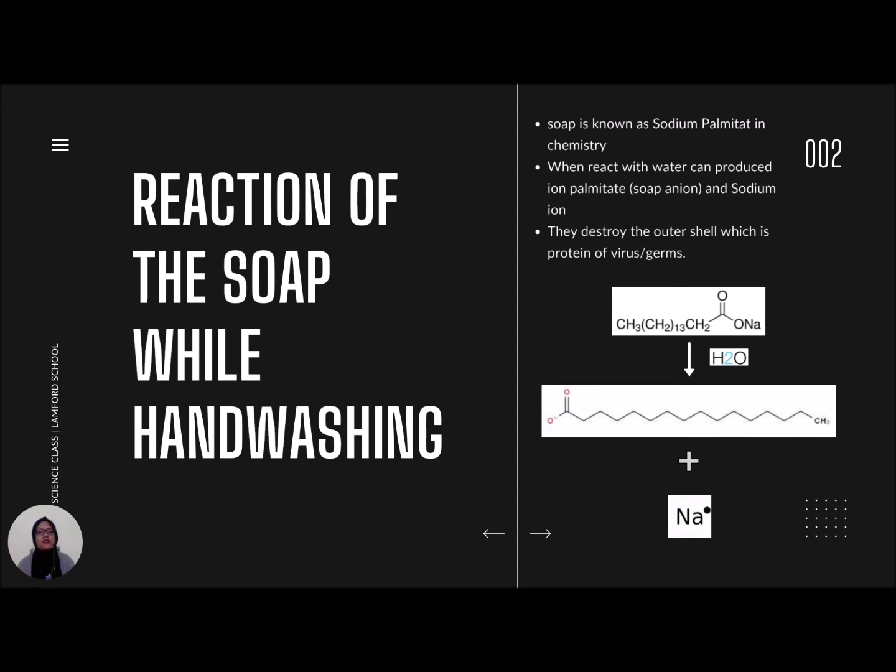The process is called saponification. Saponification occurs when a fatty acid reacts with an alkaline. Palm oil is the fatty acid and sodium hydroxide is the alkaline. Glycerol and sodium palmate are the products of this reaction.